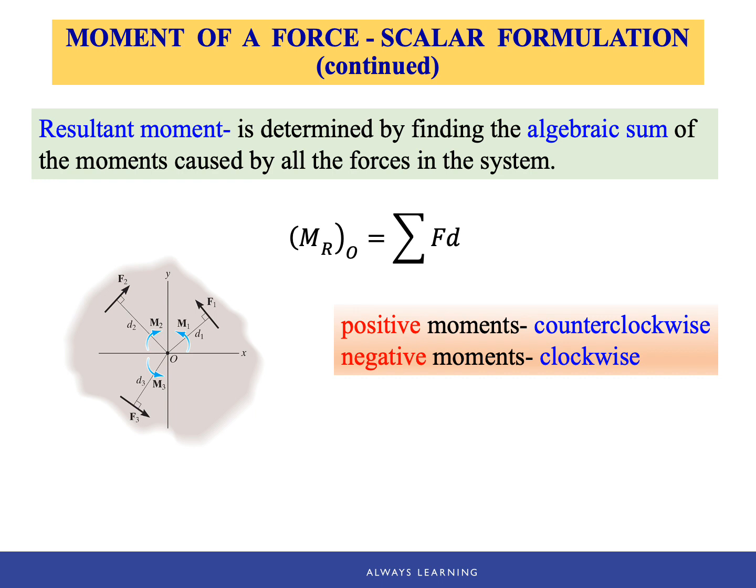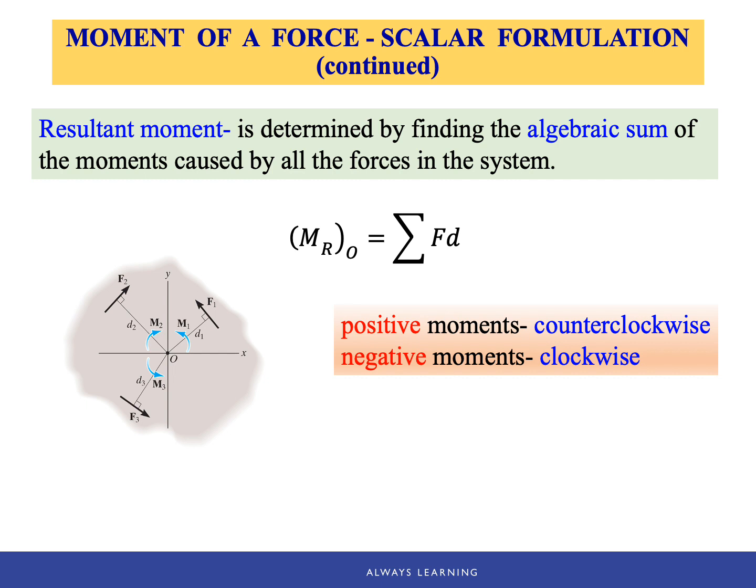Again, this is only valid for a 2D problem. And also keep in mind, when this moment causes counterclockwise rotation, we are going to use positive F times D. And if this moment causes clockwise rotation, then we need to use negative F times D.